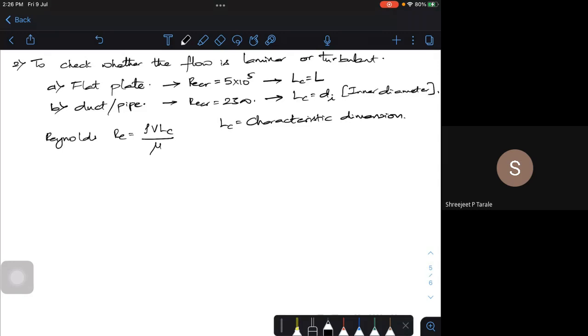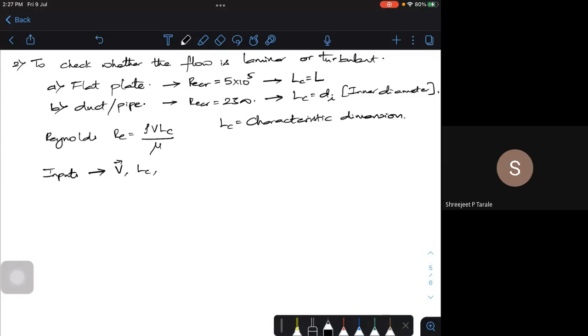Now, if I want to write a code for this, what are the things I need to write? The inputs. What are the inputs? I should be able to input the velocity, then the characteristic length.